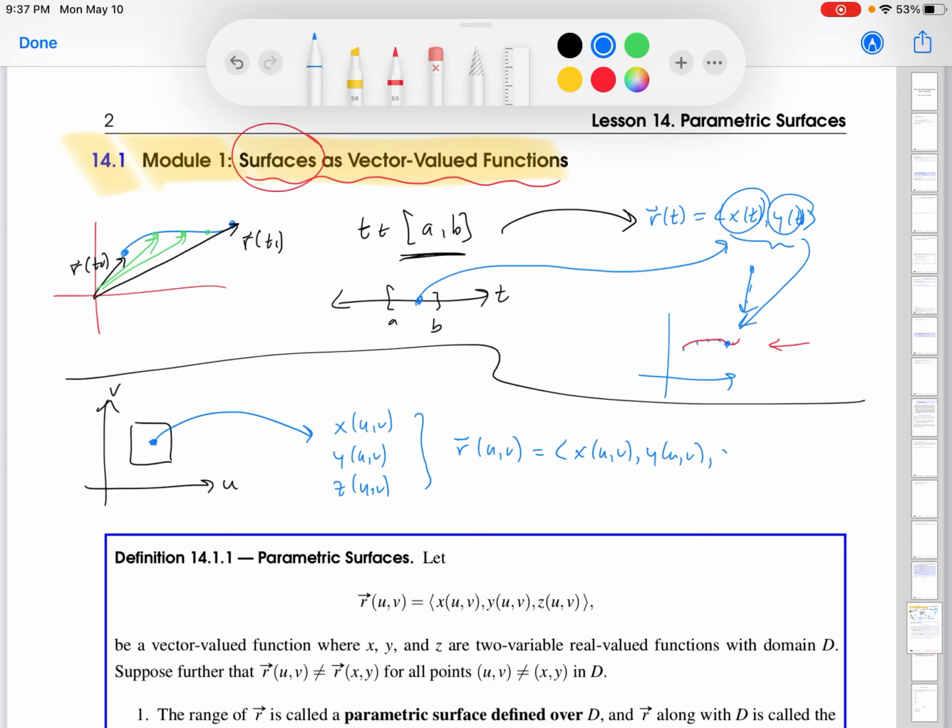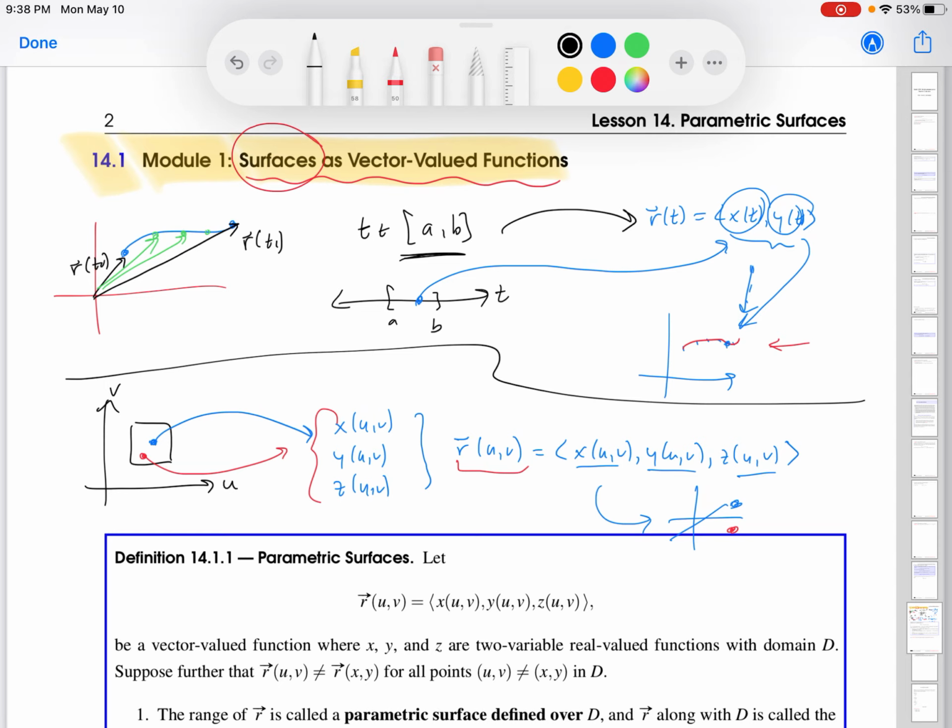And we are going to use those three values created, the x, y, and z values, to then plot a point in space. And then, of course, as we go back and choose a different point over here, that generates another set of three values, which generates another vector-valued function, and that we will plot as another point in space.